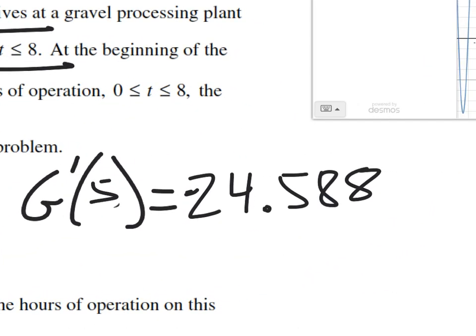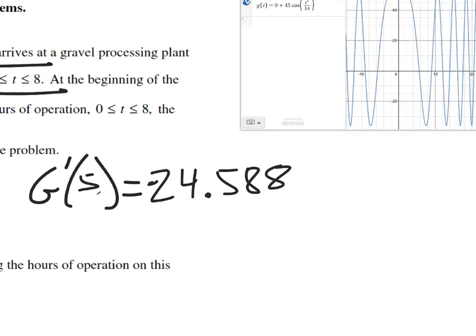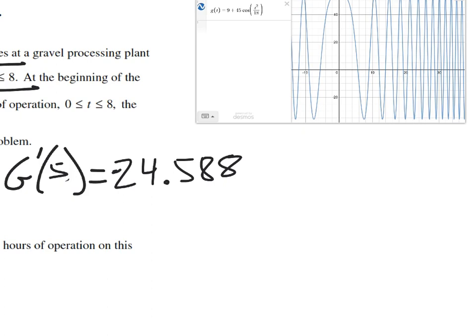And we need some units on this. So this is negative 24.588, and this is tons per hour. Remember that a derivative is a rate, like feet per second, or in this case, tons per hour. And so what we know is that the rate is decreasing.